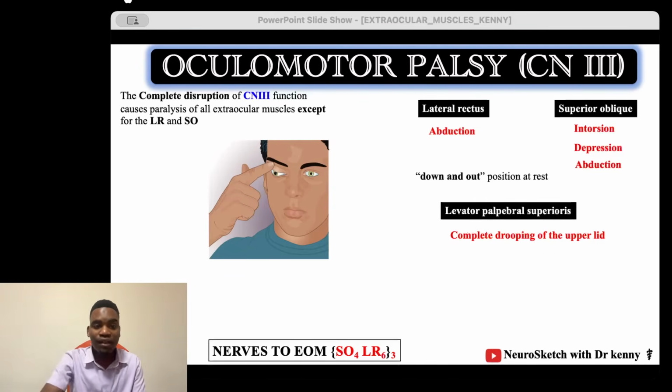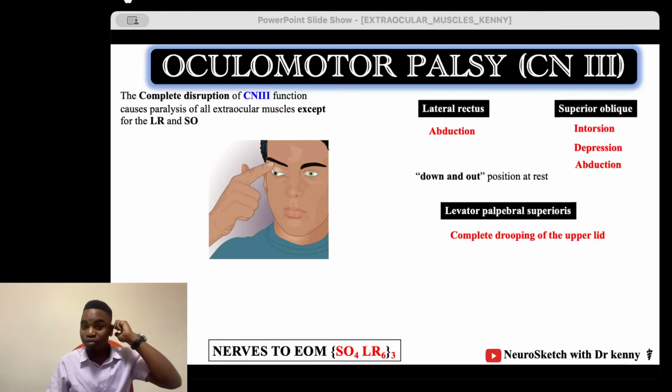Will it be complete or incomplete? It will be complete, because this is the strongest elevator, whereas the superior tarsal muscle is the weak elevator and depends on the levator palpebrae superioris, which initiates the elevation, and then the superior tarsal muscle maintains the state of elevation.